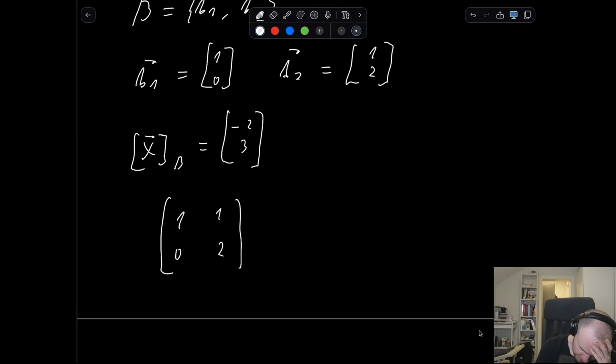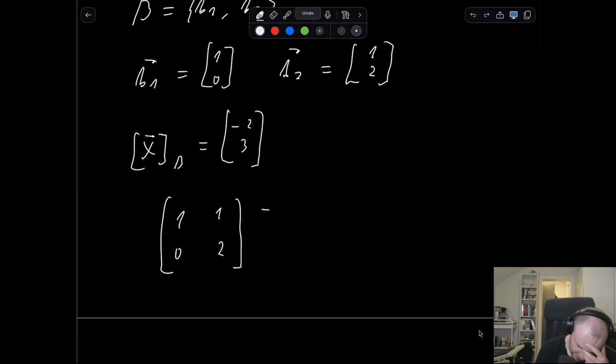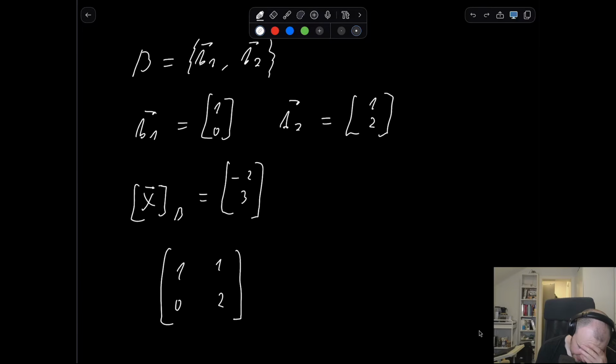And if I run -2 and 3 through our machine, I should get some kind of x1 and x2. That's our machine, or is it the opposite? Let's see, I have -2 and 3.